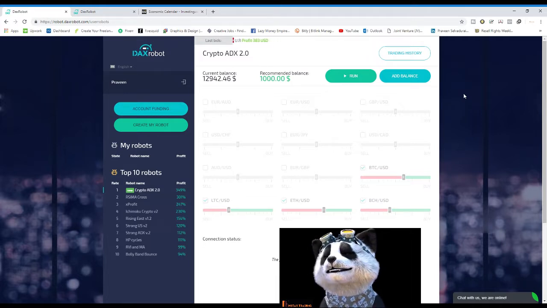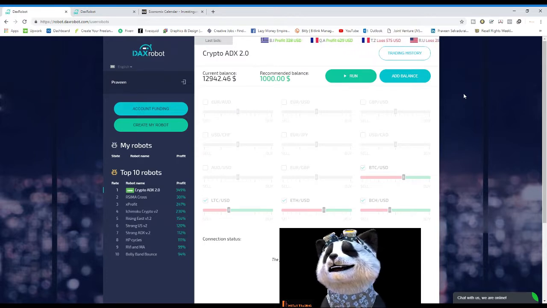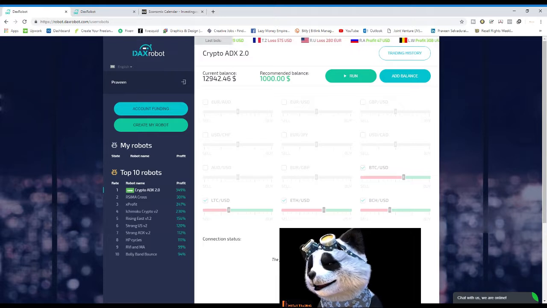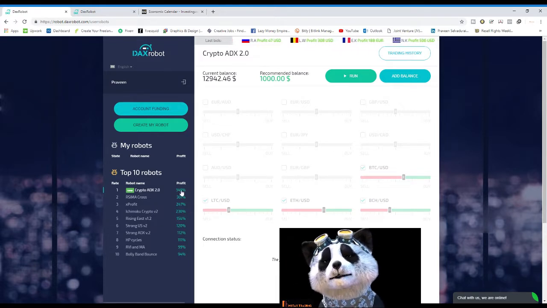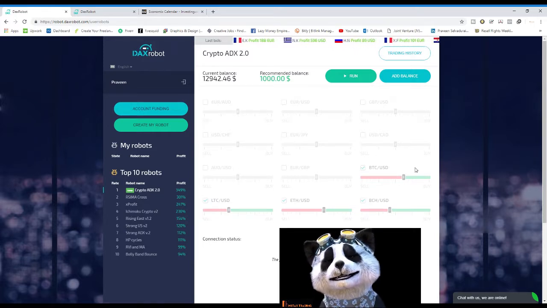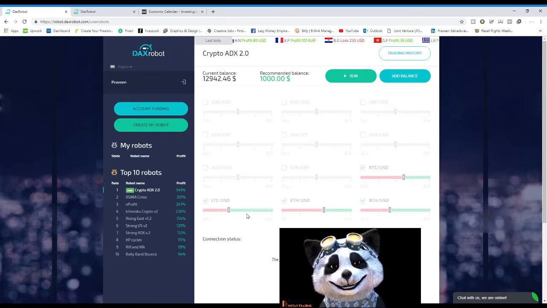But what you can determine is the list of assets that the robots can choose and initiate the trades from. For example, if you want to use Crypto ADX, you would know that the bot of Crypto ADX 2.0 will only choose to trade between these 4 particular assets.